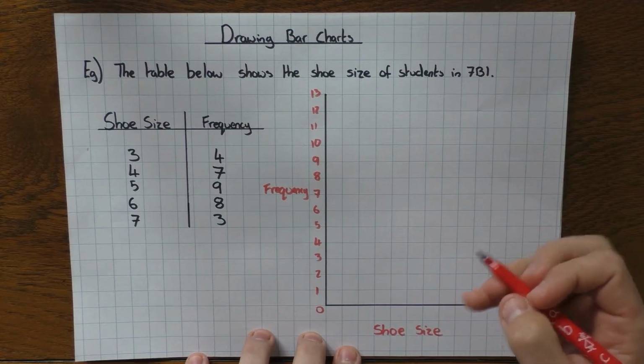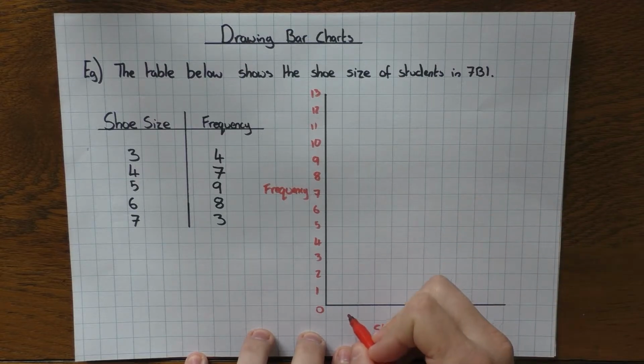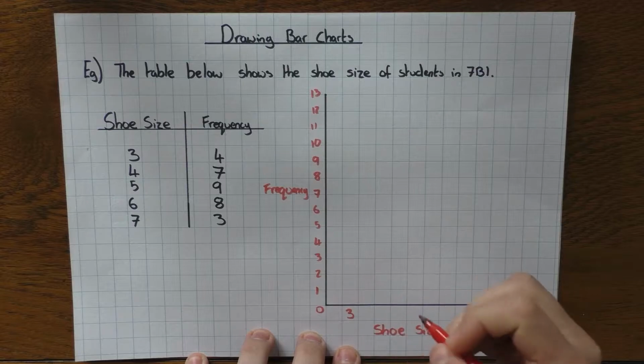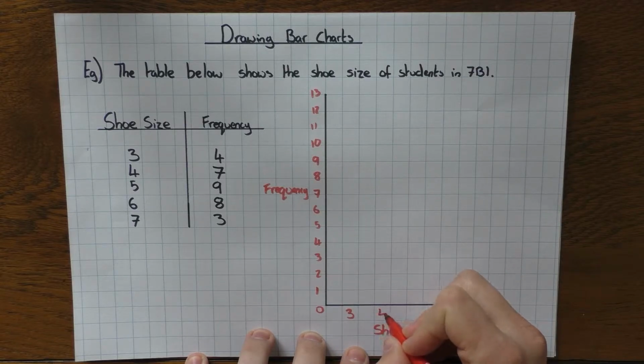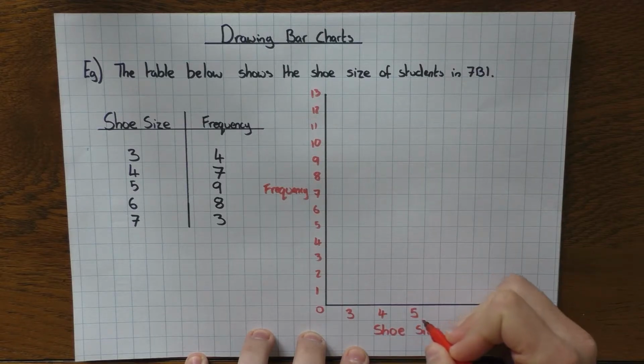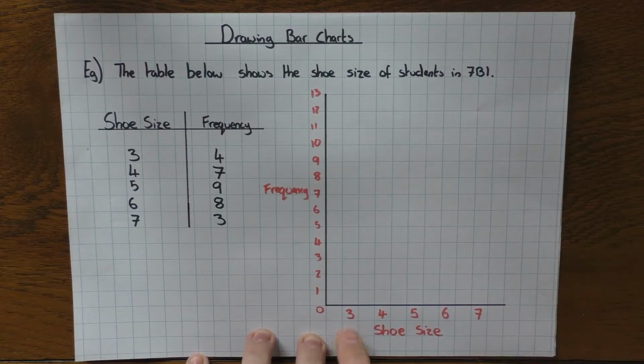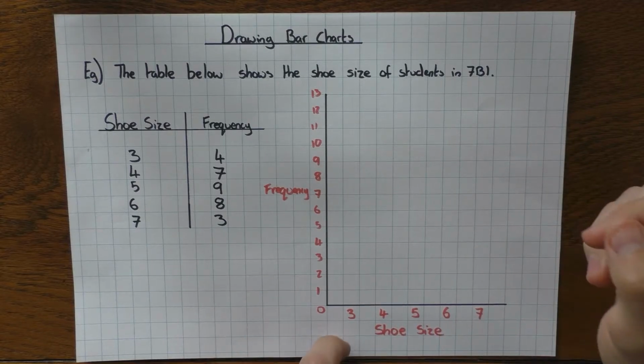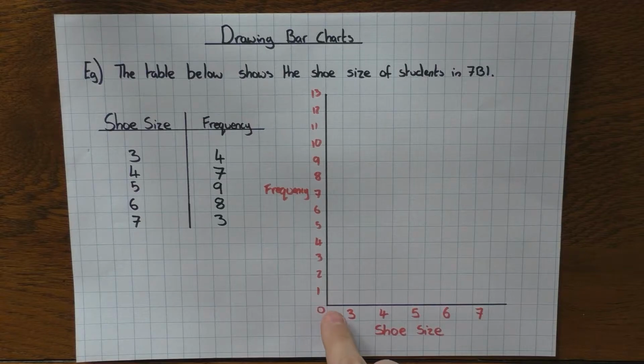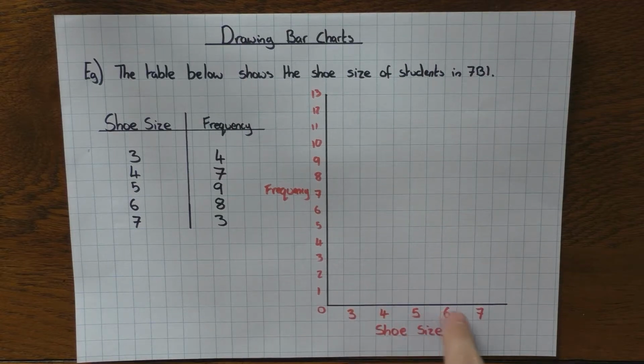So I'm going to come along here and say, right, this is going to be shoe size 3, and then we've got shoe size 4, shoe size 5, 6 and 7, and you'll notice I have deliberately left a gap in between each one, and this is another mistake that could be made. There needs to be equal gaps between each of the bars, and each bar must be the same width. So if they haven't done that, that is another mistake to pick up on.